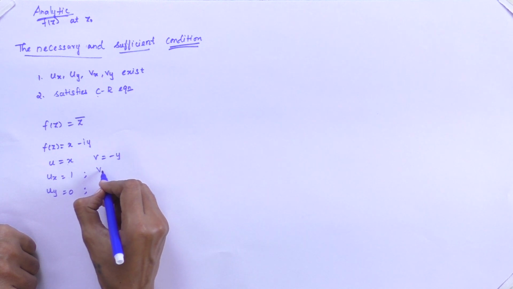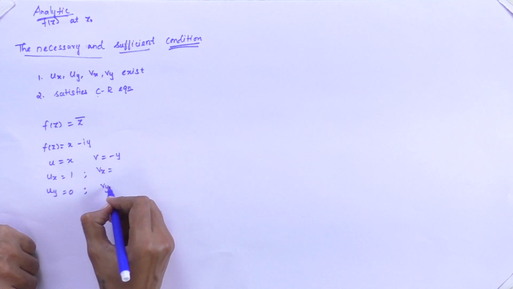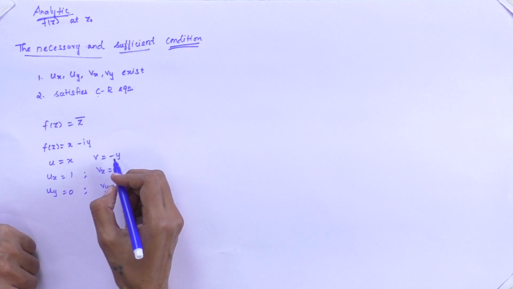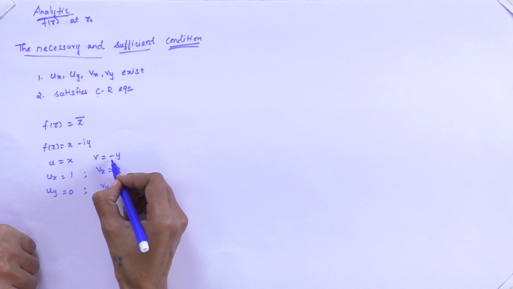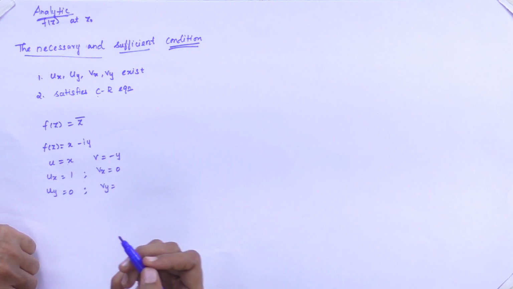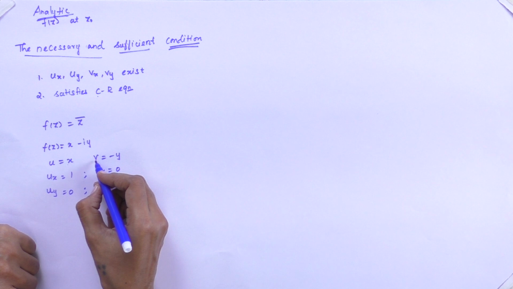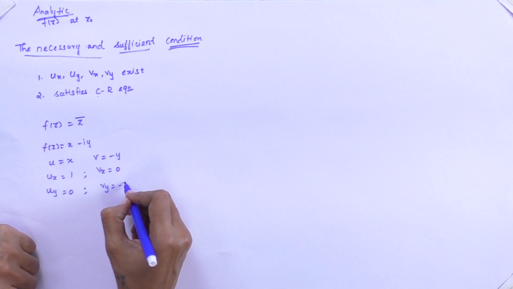The partial differentiation of v with respect to x is 0, since we have no x here, and minus y is treated as a constant, so the differentiation is 0. Then the partial differentiation of v with respect to y is minus 1.